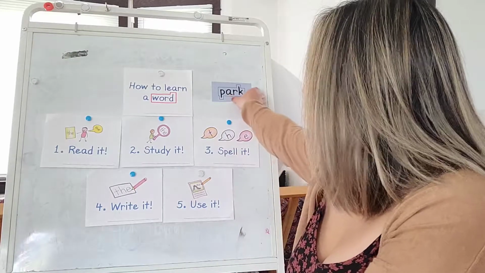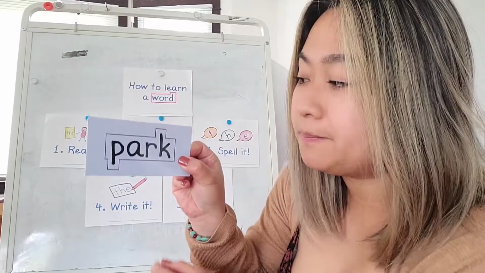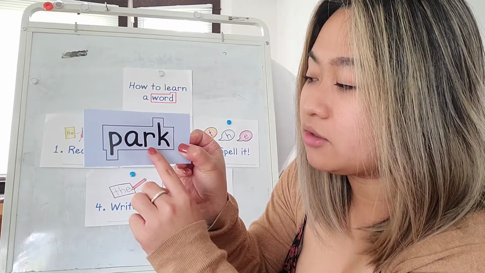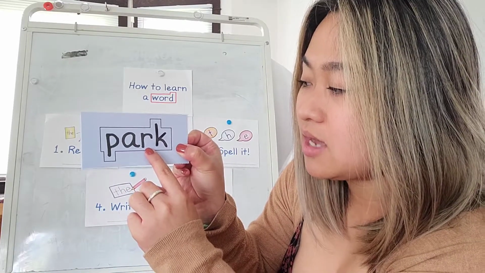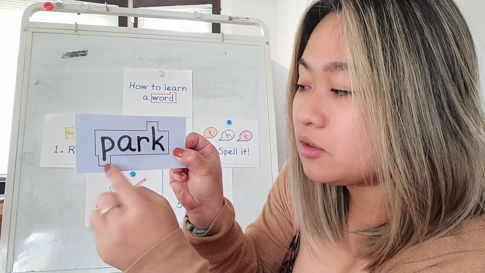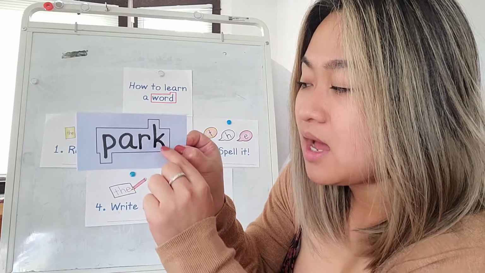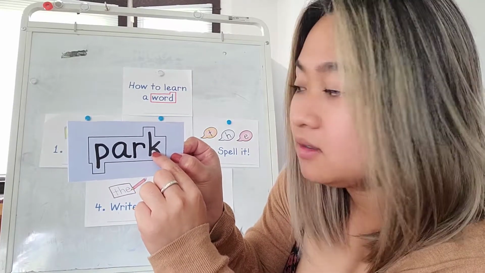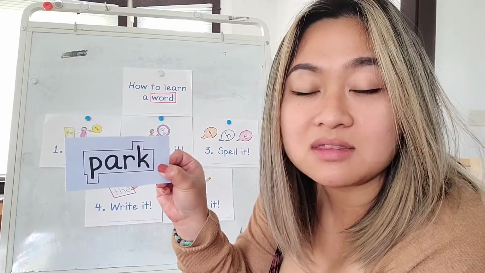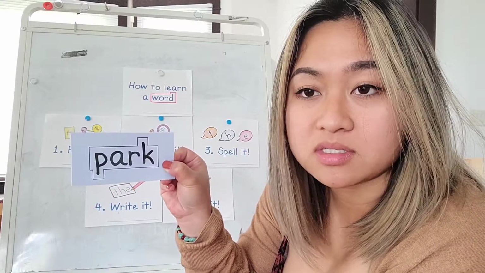So for the word park, I might say, I noticed that these two letters are rounded. I noticed that this letter P goes below this line. I noticed that this letter K has a tall part up here. Okay? And just list as many things as you notice as possible.